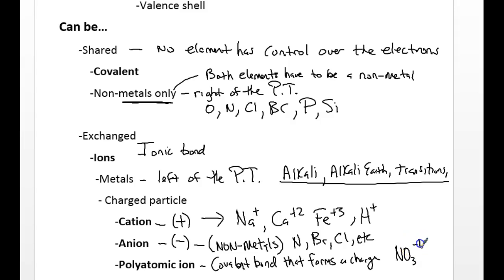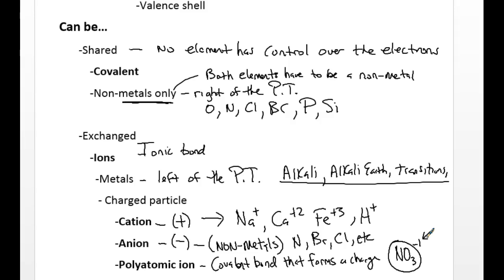And nitrate has a -1 charge. Now these elements, nitrogen and oxygen, they're sharing their electrons, but at the same time when they do that, they result with a charge of -1, and some of these are different. There's phosphate, there's sulfate, and we'll learn these.